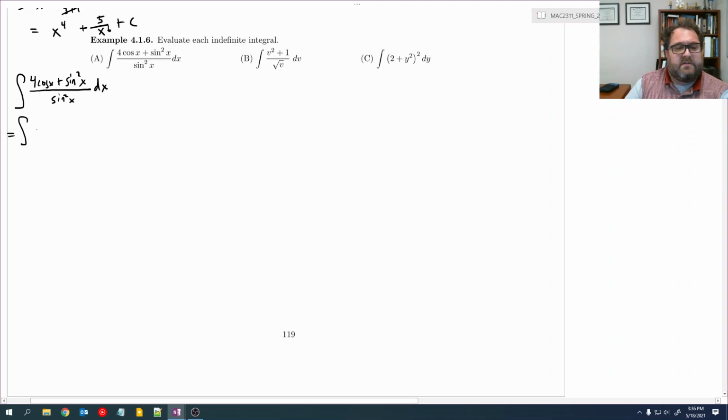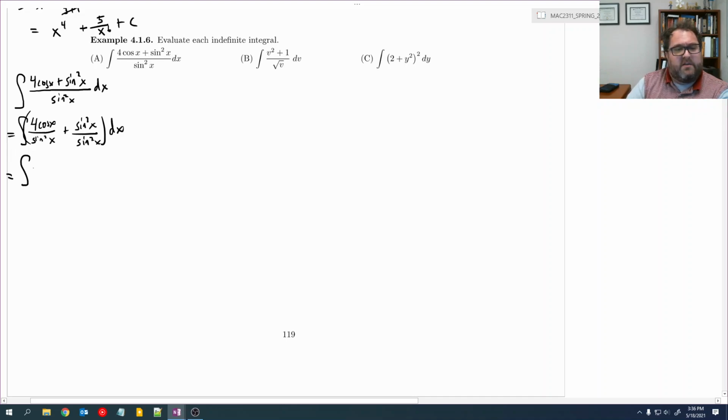So write this as 4 cosine x over sine squared x plus sine squared x over sine squared x, parentheses, dx. Obviously the second term simplifies to 1. It's sine squared over sine squared. This first term, though, it's not entirely obvious what we need to change it to.